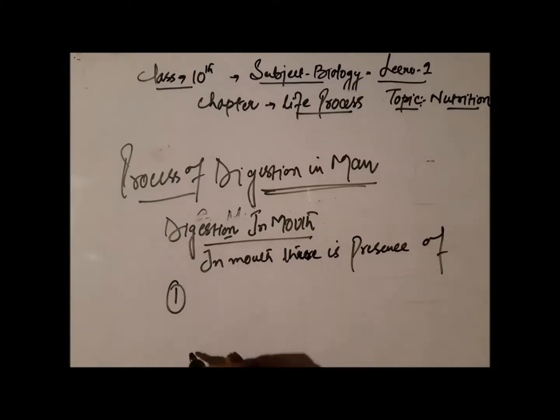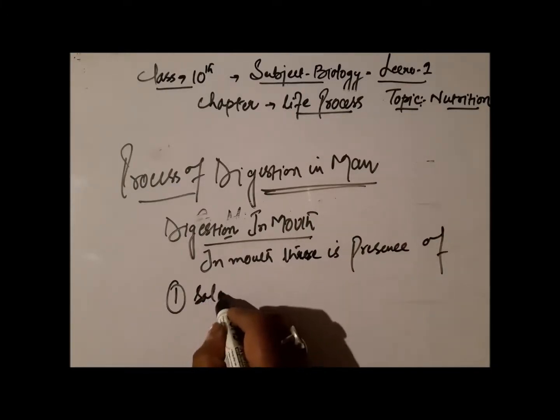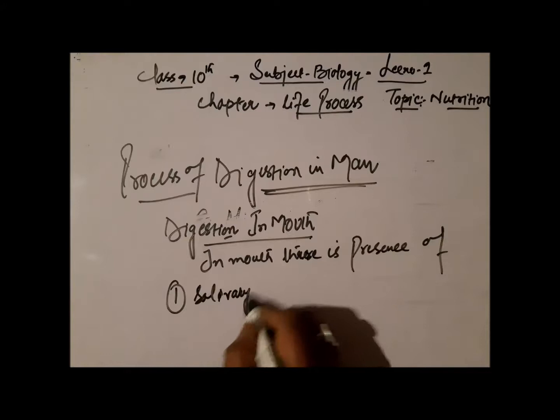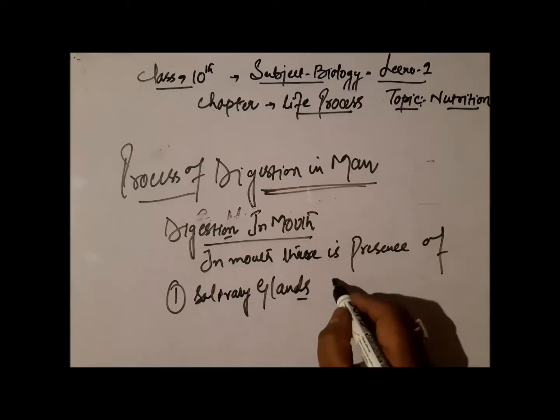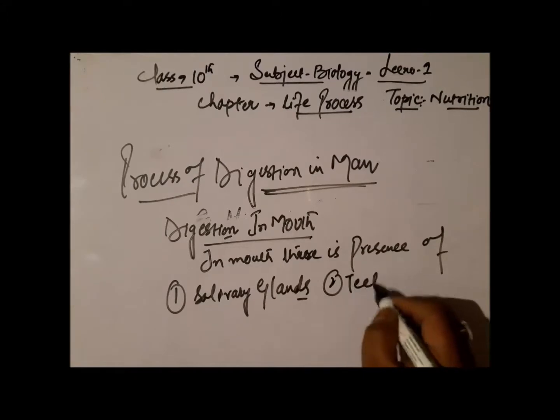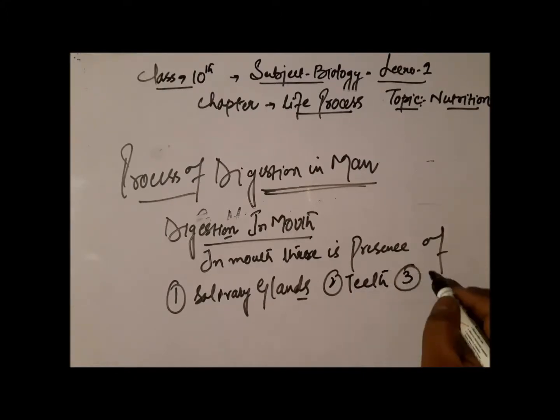number one salivary glands, number two teeth, and number three tongue.